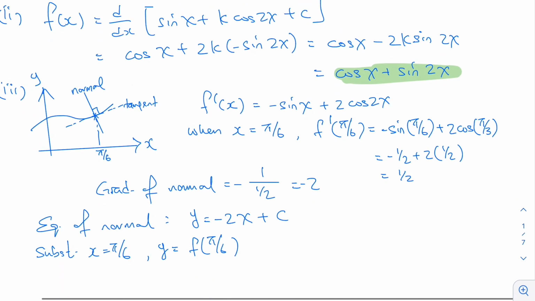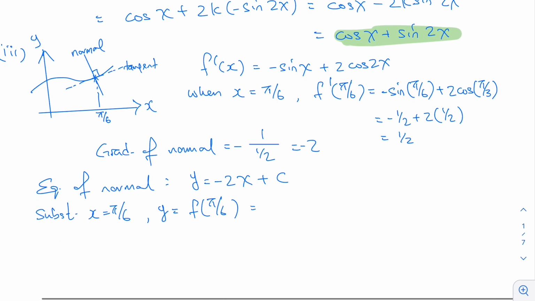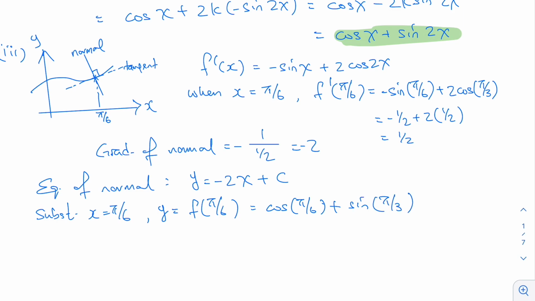So substitute pi over 6 into the function, we get cosine pi over 6 plus sine pi over 3. That works out to be root 3 over 2 plus root 3 over 2, which is root 3.